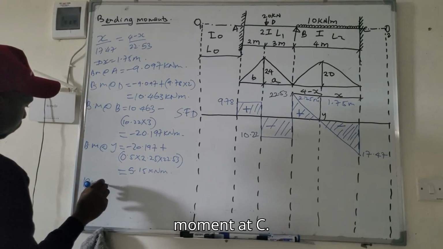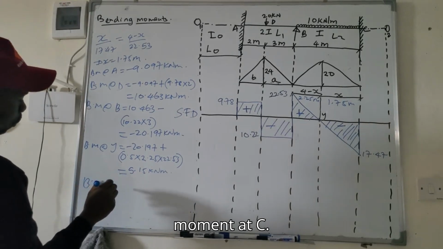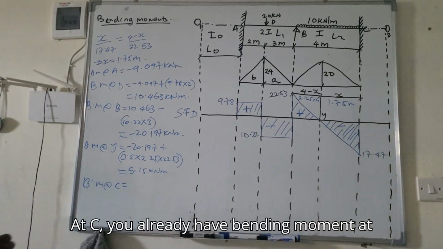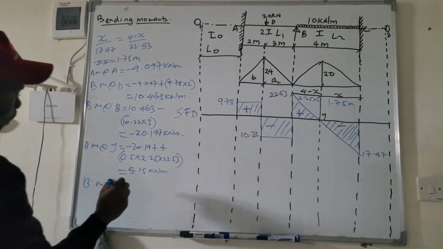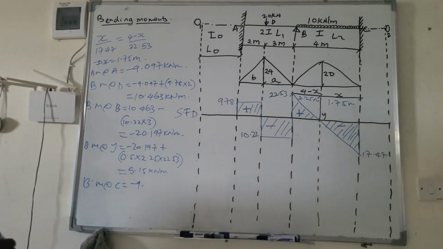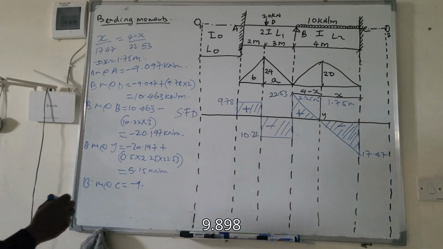Bending moment at C, you already have it. That one was negative 9.898.